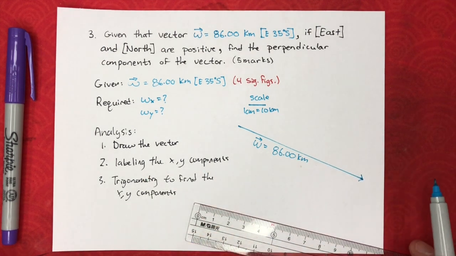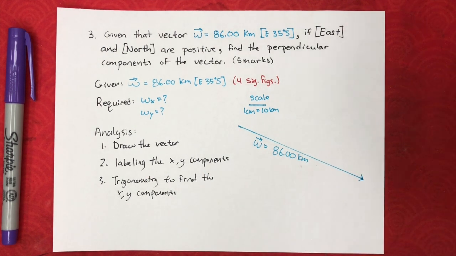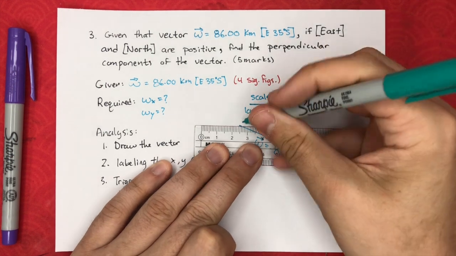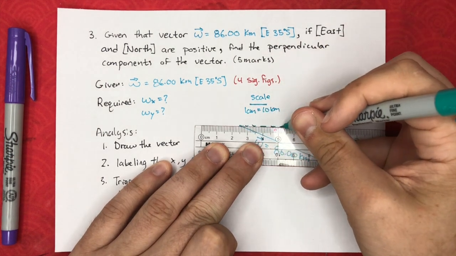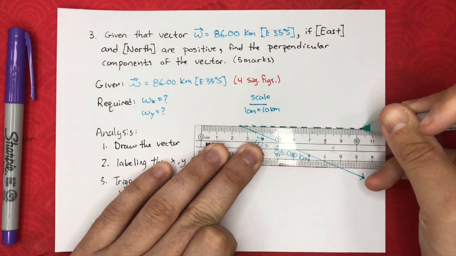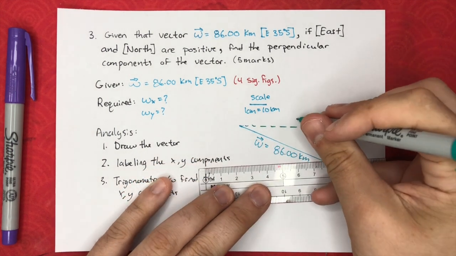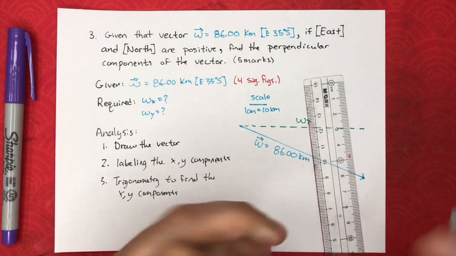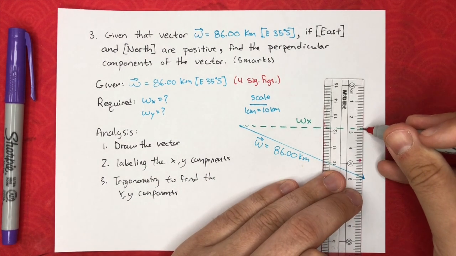Let's label the x and y components. So I'm going to label the x components here in teal, and those are going to be facing eastward. Okay. So let's draw a dashed line to show the x component of the vector, and let's draw a dashed line to show the y component of the vector.